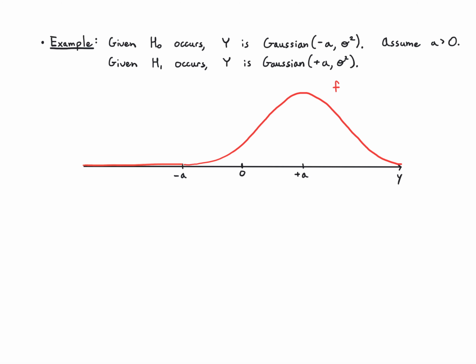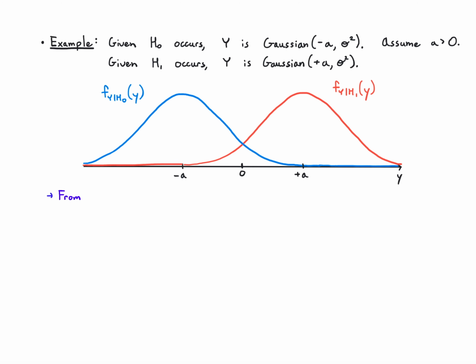So here's the conditional PDF in red under h1. We see a Gaussian with mean plus a. And here's the conditional PDF under h0, and we see a Gaussian PDF with mean minus a. Okay? And what we want to determine here is, what is the ML rule?